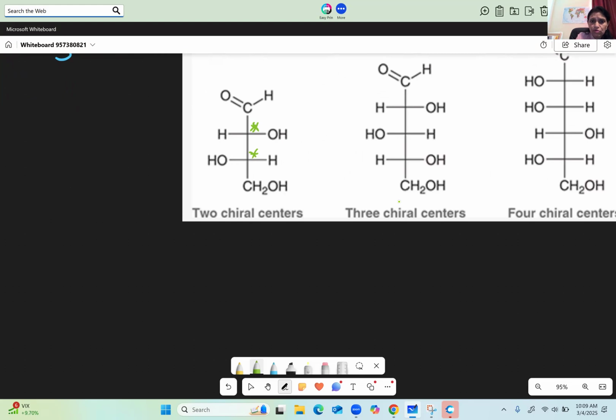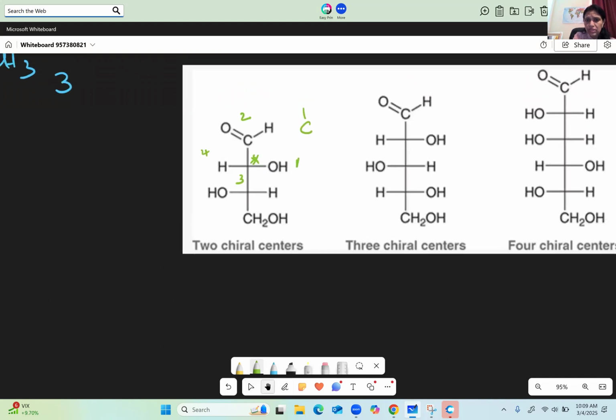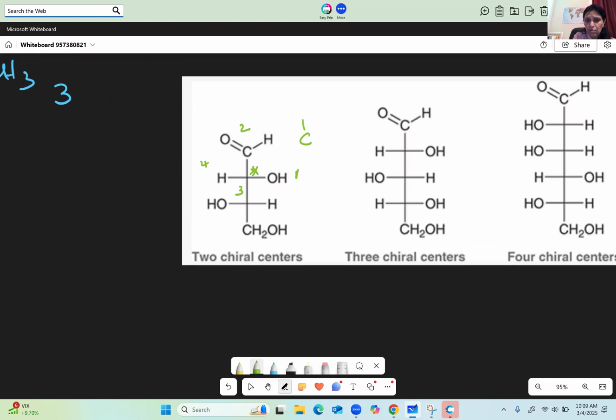So now if I were to look at my first carbon, 1, 2, 3, 4. If any of you are wondering how I know what is 2 and what is 3, 1 and 4 should be straightforward. Notice whenever I have a double bonded carbon, I can consider this as 2 oxygens as far as the priorities go, double bonded to oxygen.